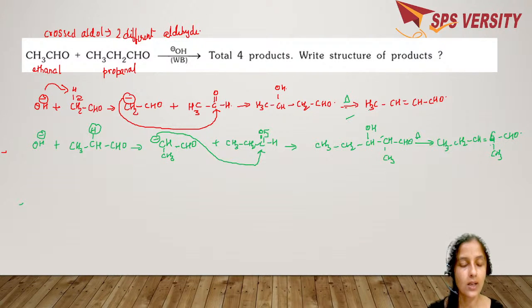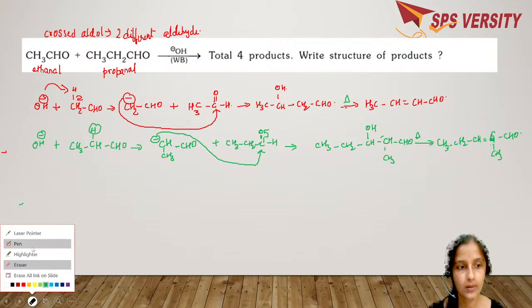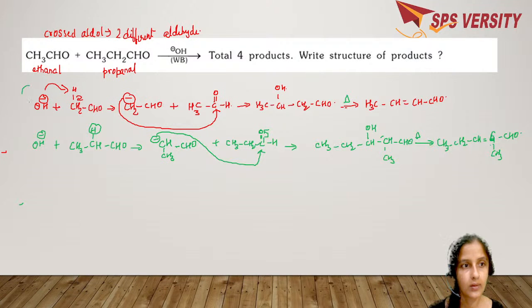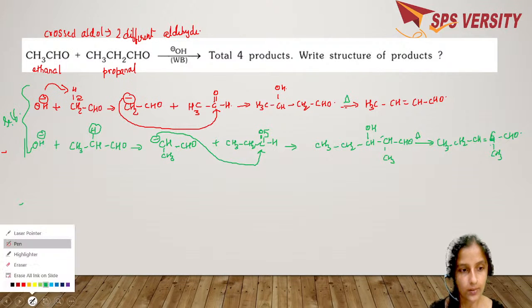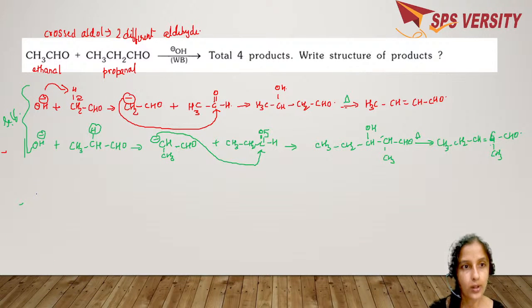Now these two are the self-condensation products. We'll do the cross condensation. Whenever you do the cross condensation, first the carbanion is generated, CH2 CHO, that will attack the second molecule, that's CH3 CH2 C double bond HO.